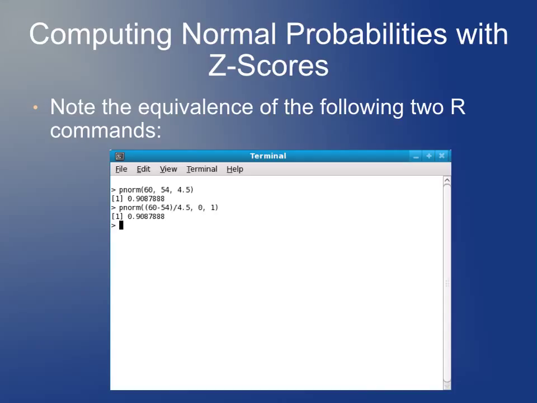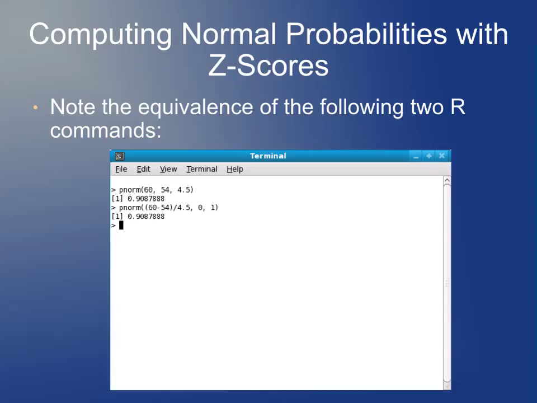If we calculate the proportion that's less than 60 for a normal distribution with mean 54 and standard deviation 4.5, we get about 90.9%. But if instead we convert it to a z-score, 60 minus 54 divided by 4.5, for a normal distribution with mean 0 and standard deviation 1, we get exactly the same probability.